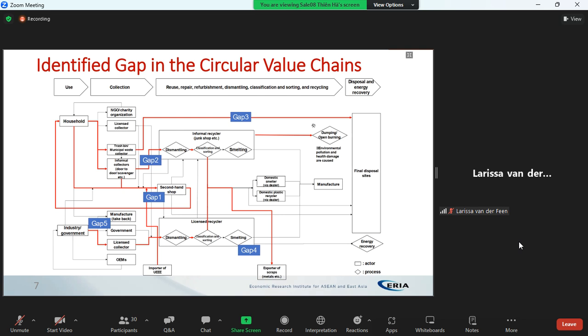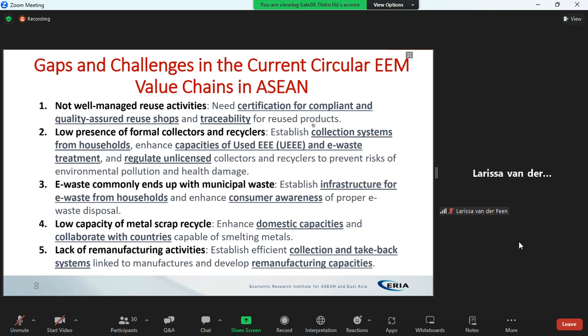One is that reuse activities are not well managed. To solve it, we need to consider certification for compliant and quality-assured reuse shops, and traceability for used products. The second one is the low presence of formal collectors and recyclers.